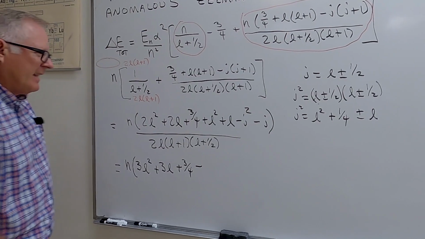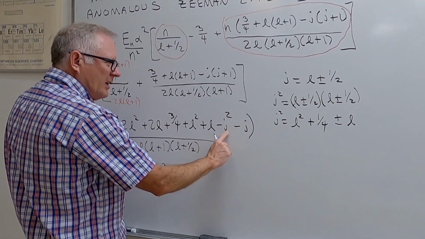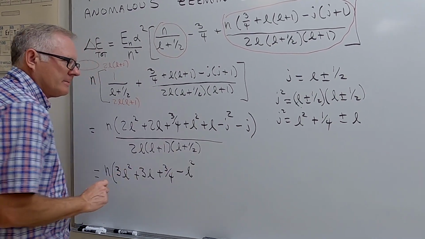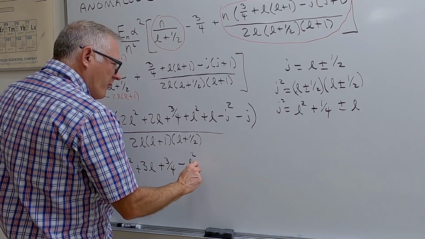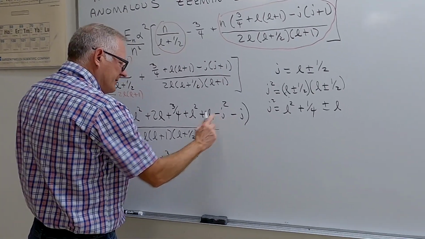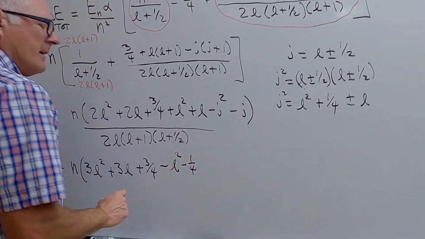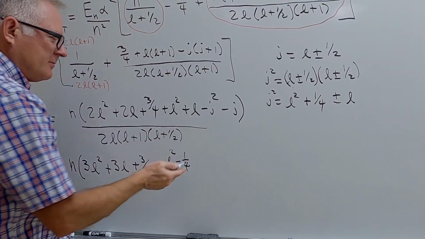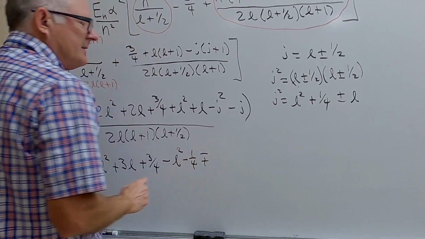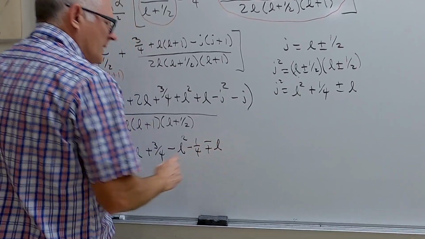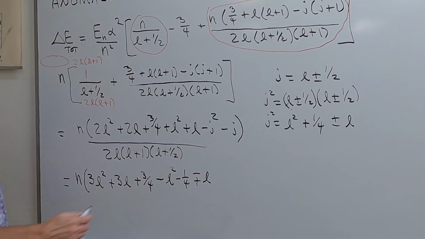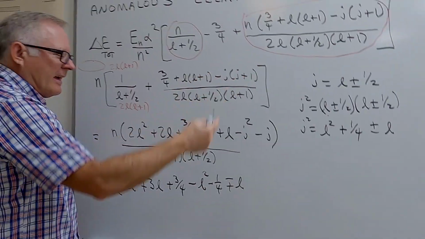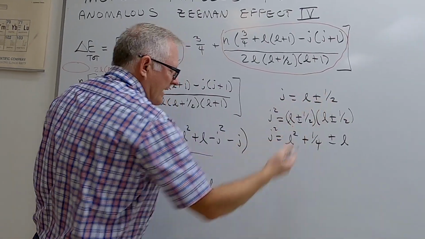So I'm going to put that in. This was minus J squared, so it's minus L squared, minus 1/4, since we have a minus there, and then it's a minus times plus or minus, which would make it a minus plus L. Remember, the top one is for the J equals L plus a half, and the bottom one would have been for L minus a half.